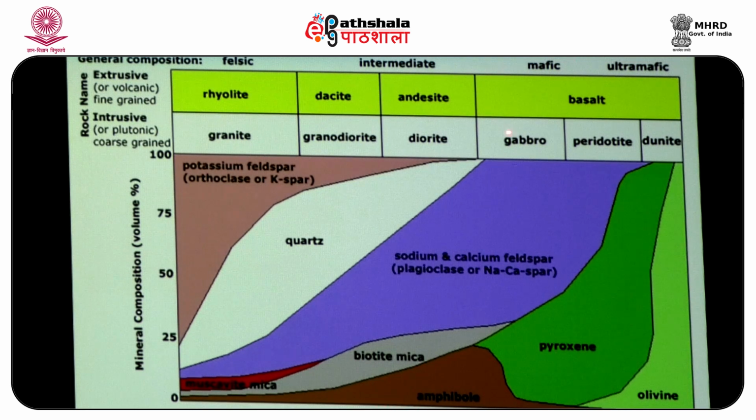When it comes to mafic rocks, at the depth it is called gabbro. When it becomes more mafic, it becomes peridotite. Mafic means more olivine rich and pyroxene rich, and then when it is mostly olivine rich, it is called as dunite.